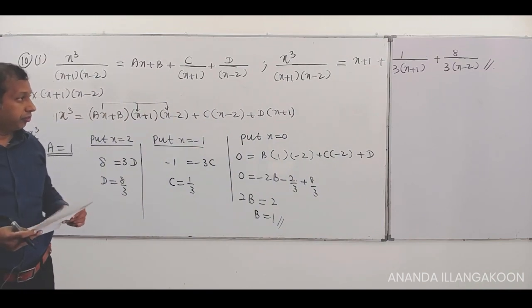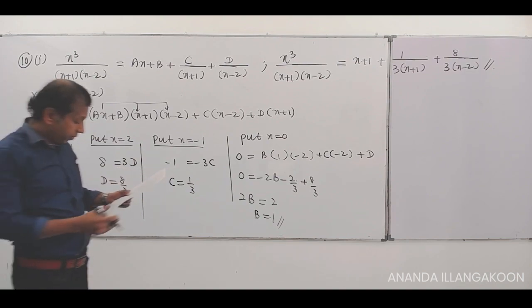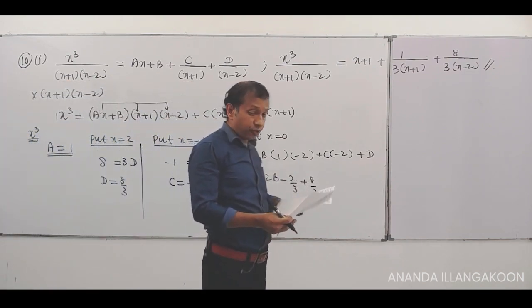Second one, in partial fractions, x over (x plus 2)(x squared plus 4).